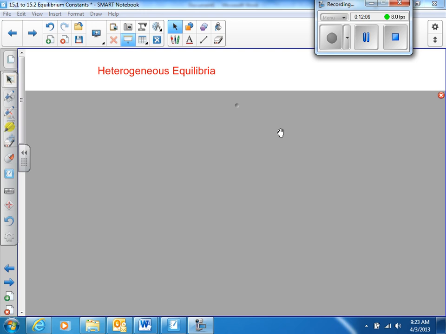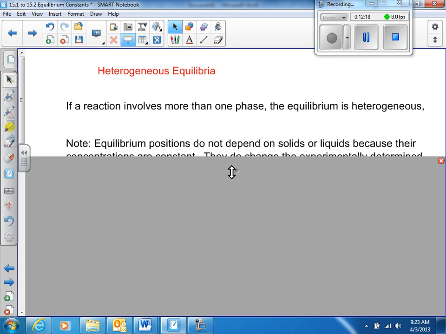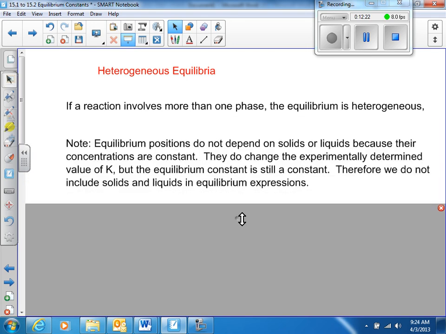Okay, heterogeneous equilibria. That just means we have more than one phase present. Remember, homogeneous mixtures, heterogeneous mixtures. We see these words hetero and homogeneous all over the place. So if we have more than one phase, equilibrium is heterogeneous. I mentioned this earlier.